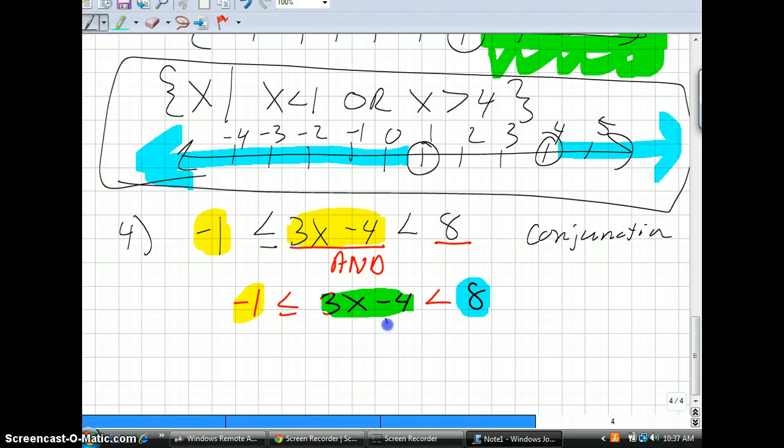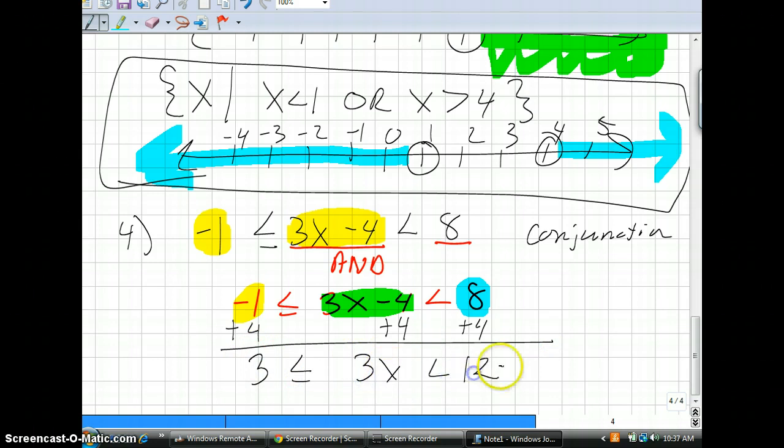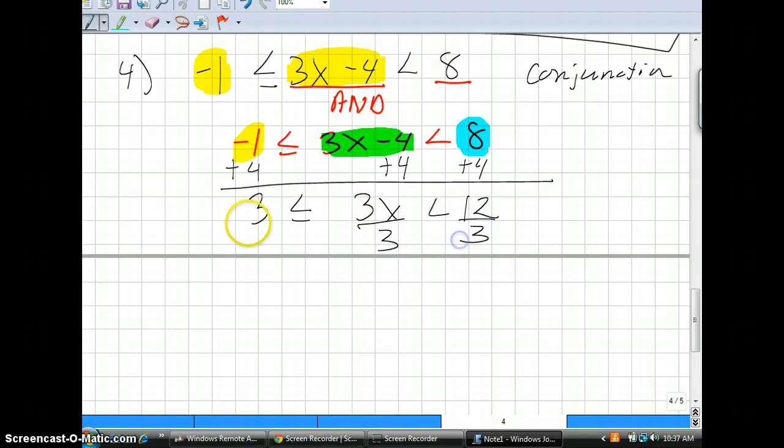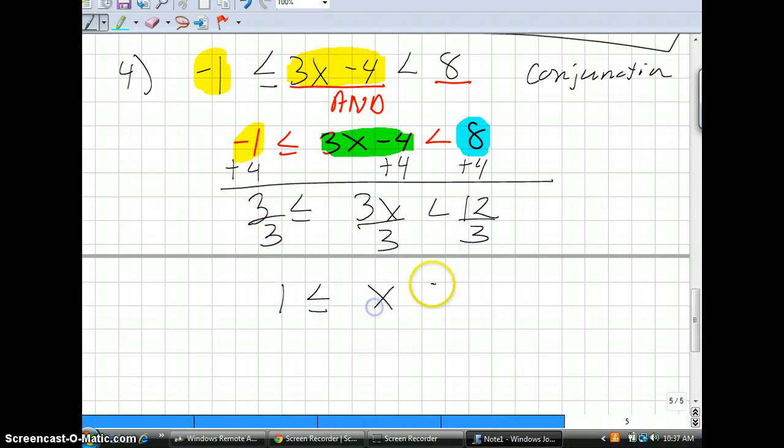As long as whatever we do to the middle, we do to both outsides, we will get true statements. Now, the next thing would be to divide by 3. So I get 1 here, here I get x, and here I get 4. Okay? So this tells me that x has to be between 1 and 4.